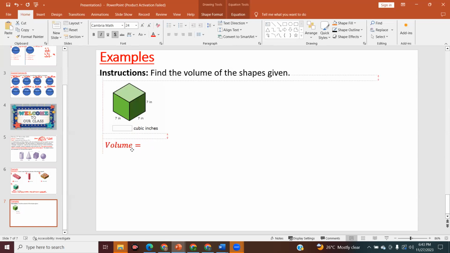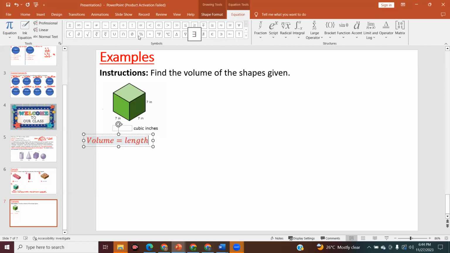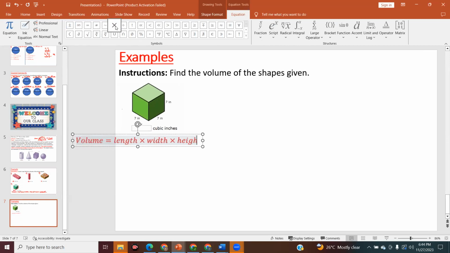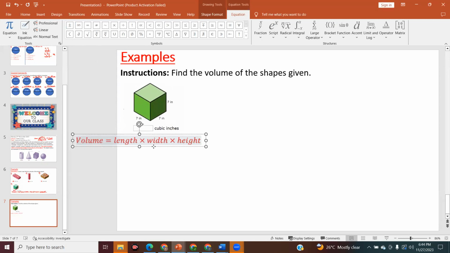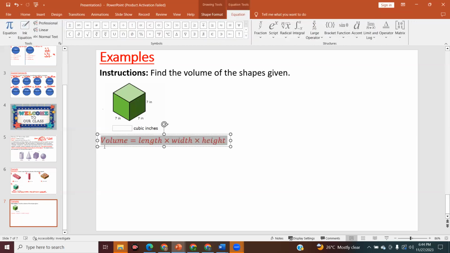So volume, what's the formula for the volume of a cube? It's gonna be length times what? Times width times height. Very good. Length times width times height. So volume is going to be equal to length times width times height. That's the volume of a cube.